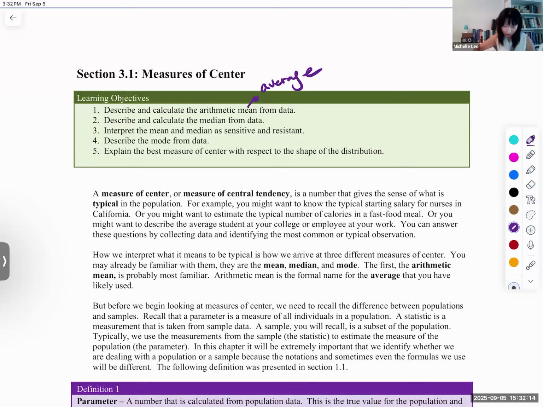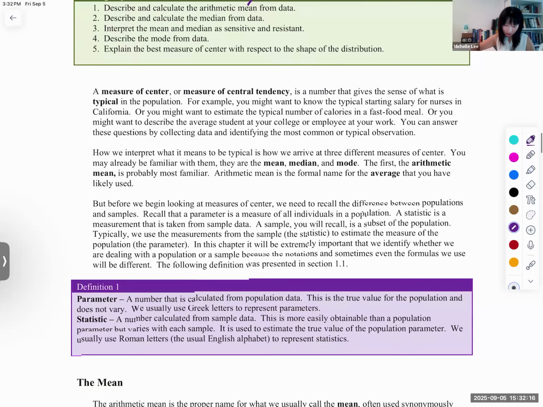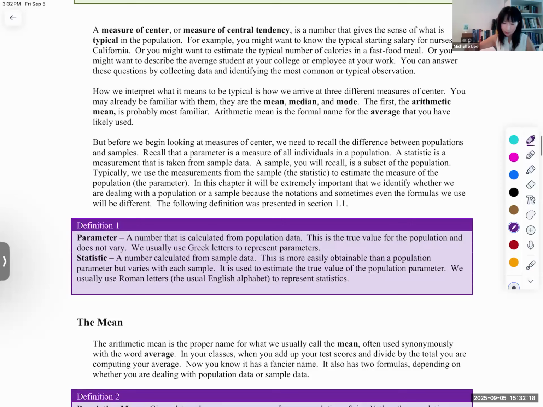We have the definitions. We did parameter. What is a parameter? A number based on the population. What is a statistic? A number based on sample data.